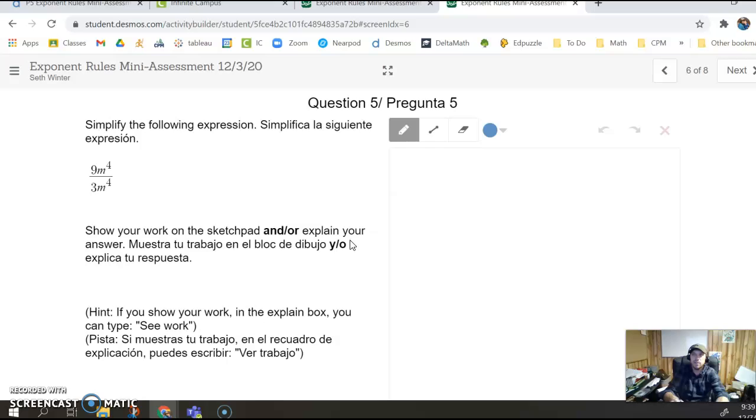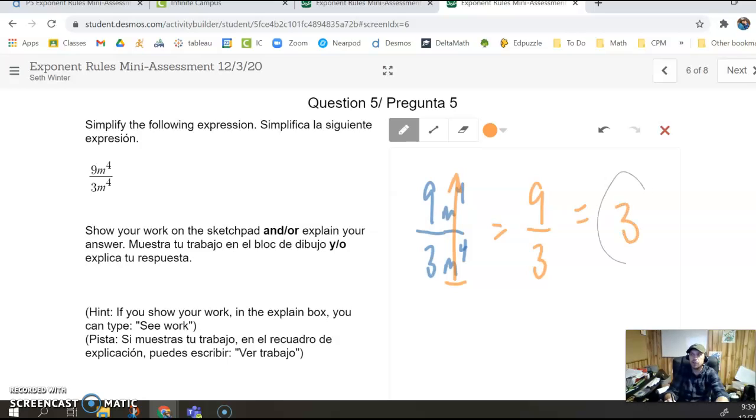All right, this one's a fun one. We have 9 over 3, m to the fourth over m to the fourth. All right, so if you remember right away, you can say m to the fourth over m to the fourth is 1, right? We could just make that all 1, and we'd be left with 9 over 3. 9 over 3 is 3.